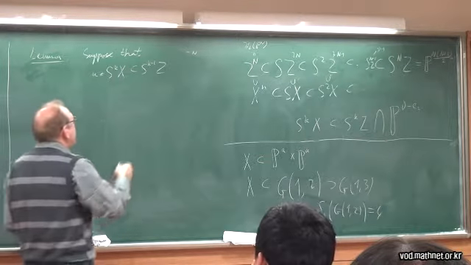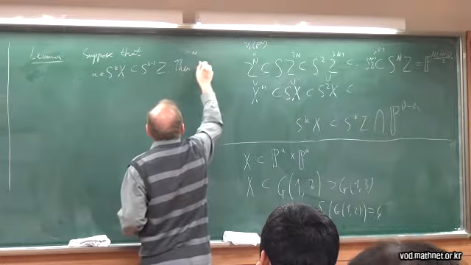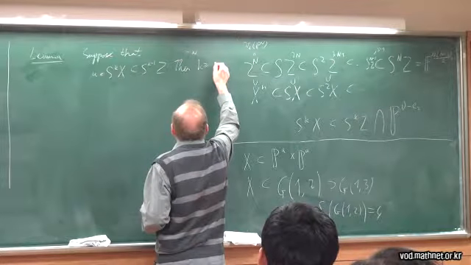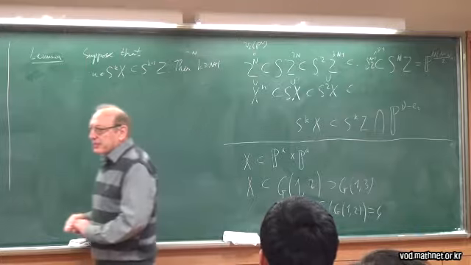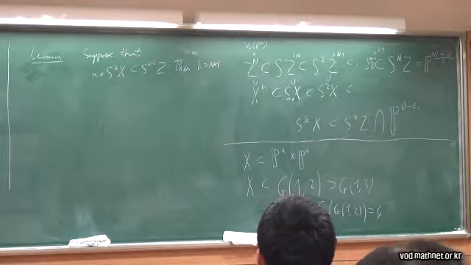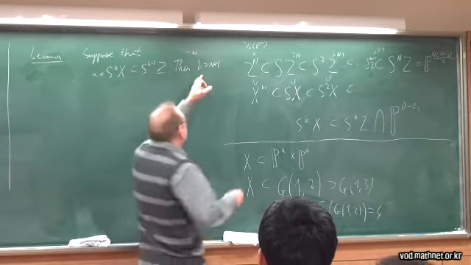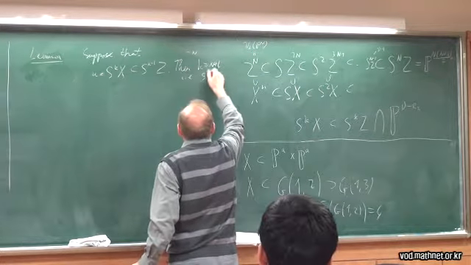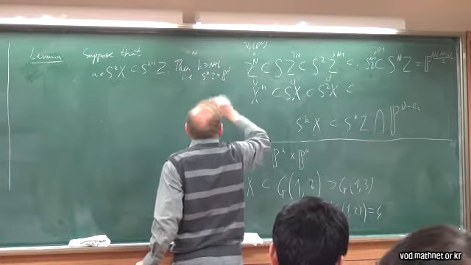And then I say that in this case k is very large. Not very large, but large enough. So this cannot happen, and in this case we have this equality.